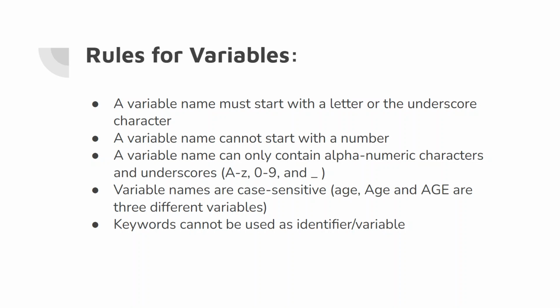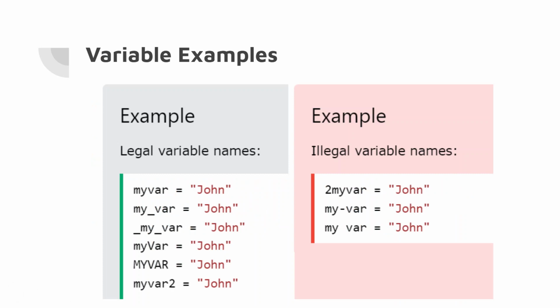Numbers you can use, but you cannot use them at the start. The rest of the things you can use. Variable names are case sensitive. Age, age and AGE are three different variables. So you have to keep this in mind. Keywords cannot be used as an identifier of a variable. So keywords like if, else, you cannot use as a variable name. So these are the rules.